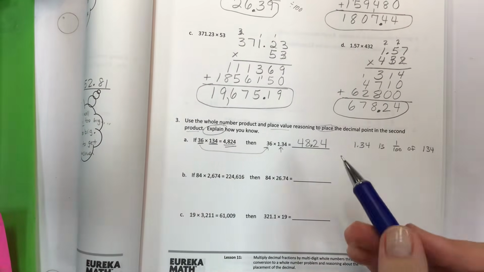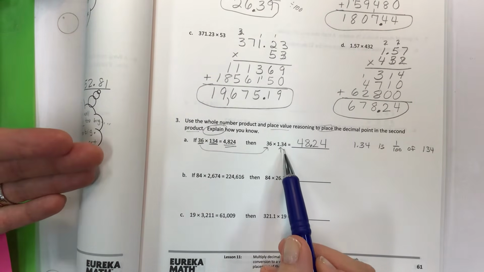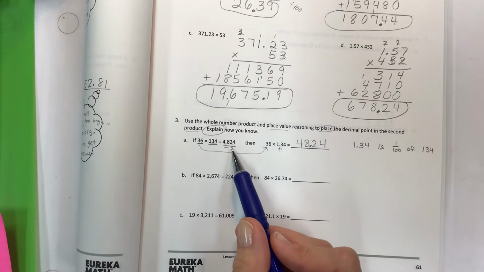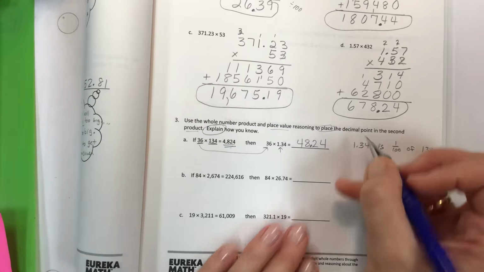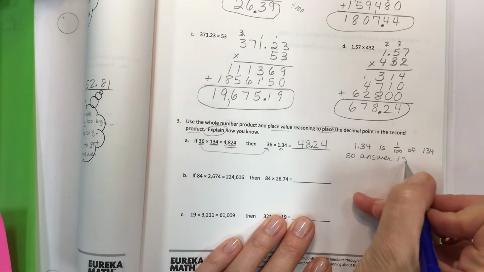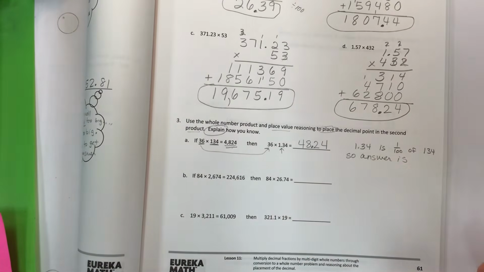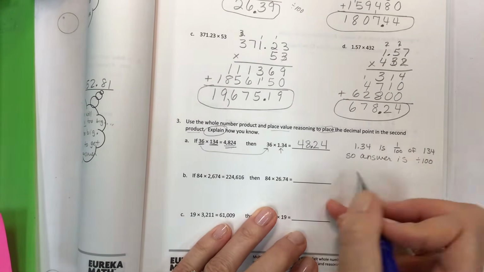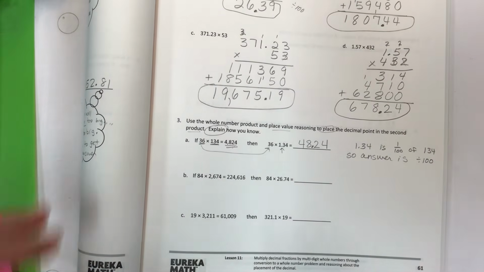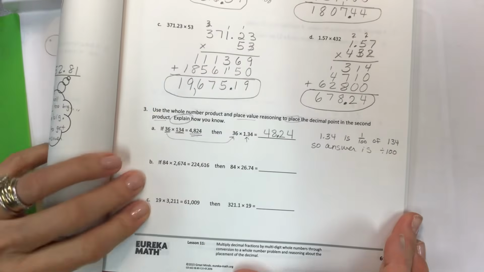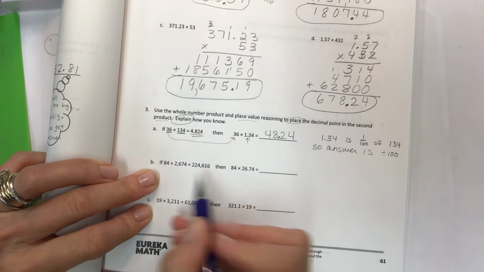So it's much smaller. So your answer should be like 100 times smaller, or 1/100th of the answer that we had previously. Okay? So the answer is, you can say divided by 100, divided by 100, so that you can end up with your proper decimal placement. Sorry, you probably can't see that. There you go.